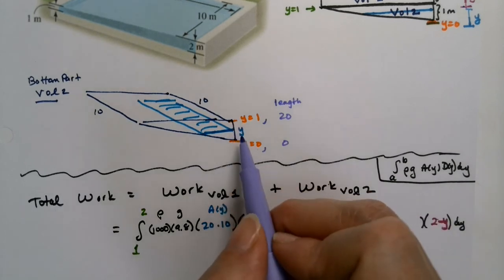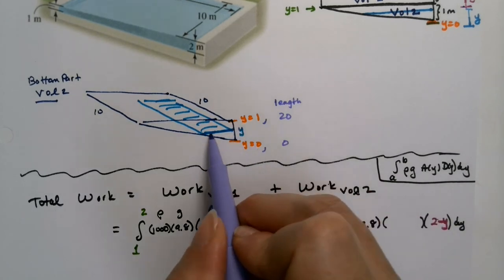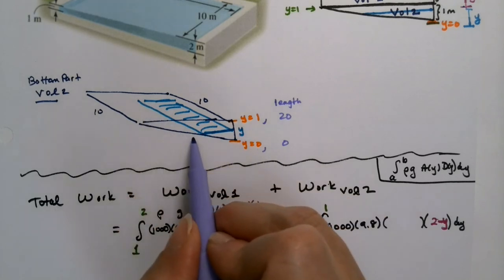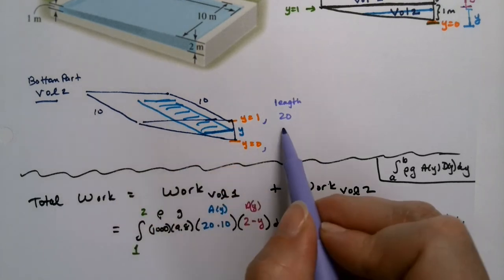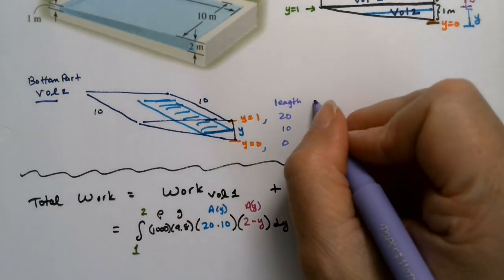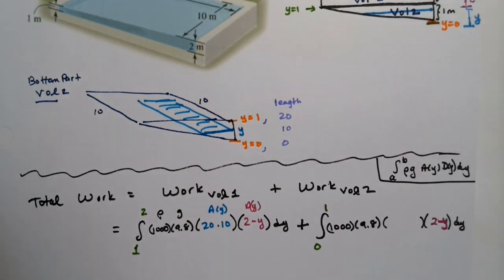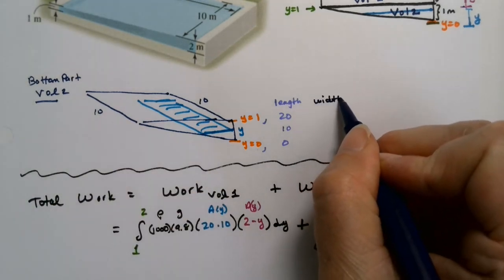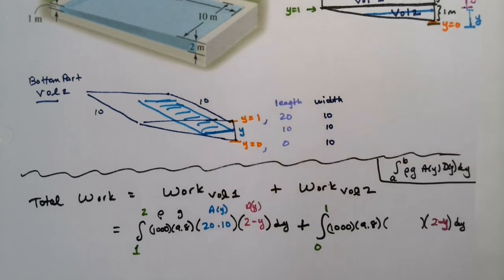All right, well, think about this in another way. What if this was 0.5, right? If this was a half for your y value, then this would be a half of 20, which would be 10, right? And now keep in mind the width never changes. The width is just 10 all the way down, right? This is 10 no matter what. So width is 10, 10, 10, never changes.